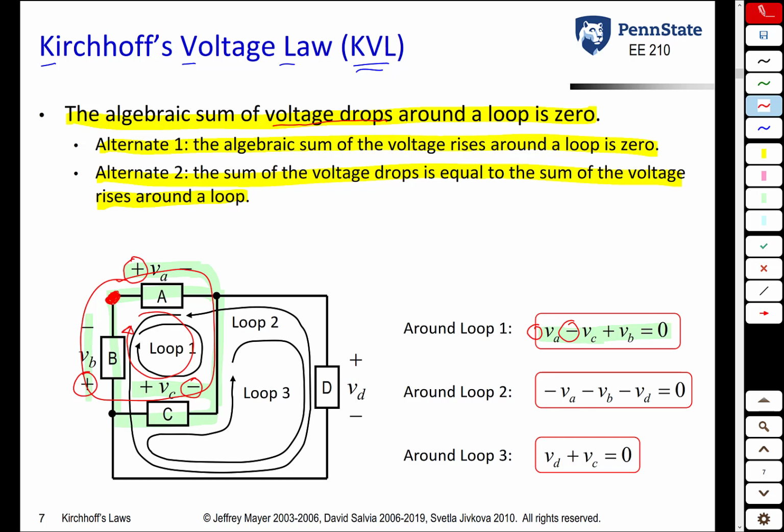Notice it's the same final equation, but I find it's easier to sum voltage drops because you can get the sign directly just from looking at whether you hit the plus sign or the minus sign first. So that's loop 1.